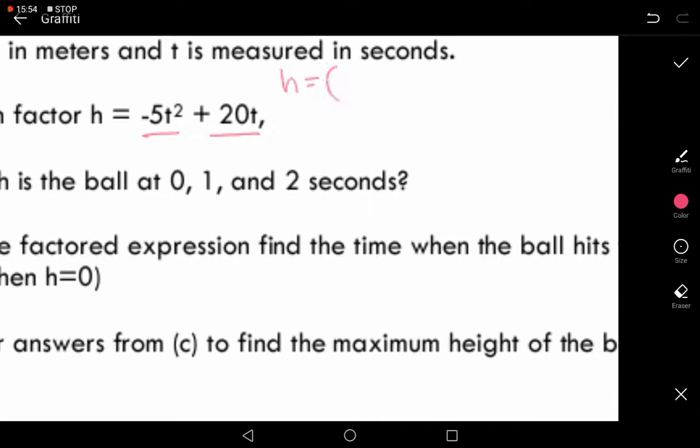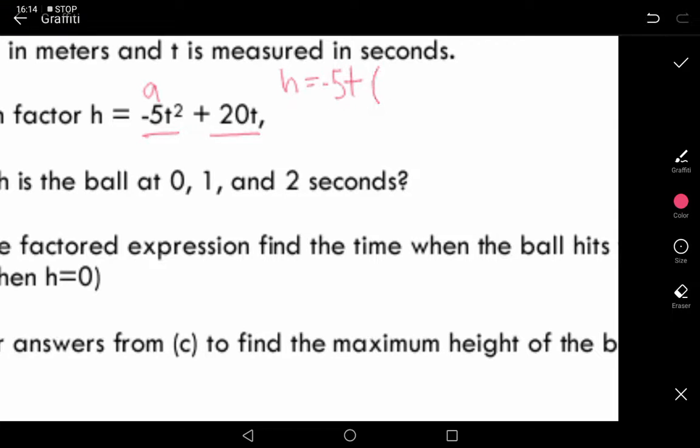Then I am looking at those number values. So remember, the goal is to always take out the a value. So that's the number in front of your squared term. So I know that 20 will divide by negative 5 evenly, so I'm going to factor out that negative 5 as well.